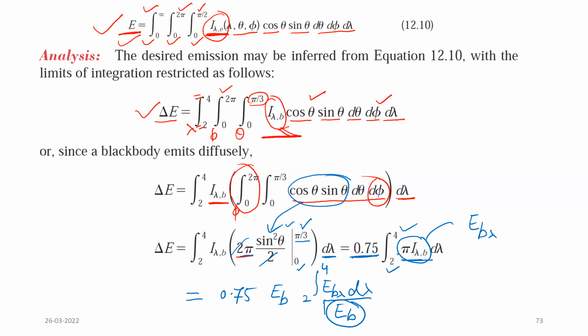This whole value is basically the fraction of energy lying between, and I can write it as 0.75 EB times the fraction from 0 to 4 micron minus the fraction from 0 to 2 micron, and that is how we can calculate this value.